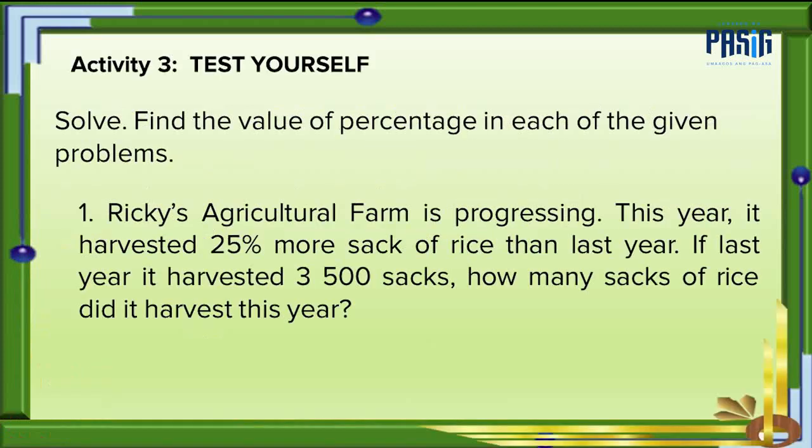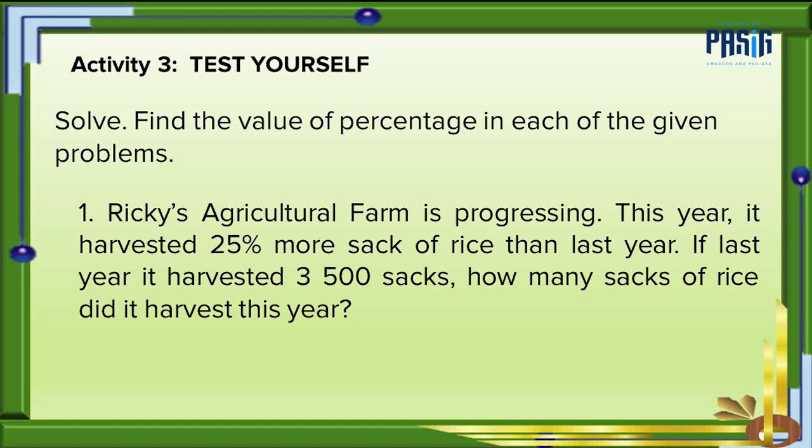Okay, so let's now proceed to activity number 3. This is to test yourself. Solve. Find the value of percentage in each of the given problems. This time, you are going to solve for the percentage. Problem number 1. Ricky's agricultural farm is progressing. This year, it harvested 25% more sacks of rice than last year.